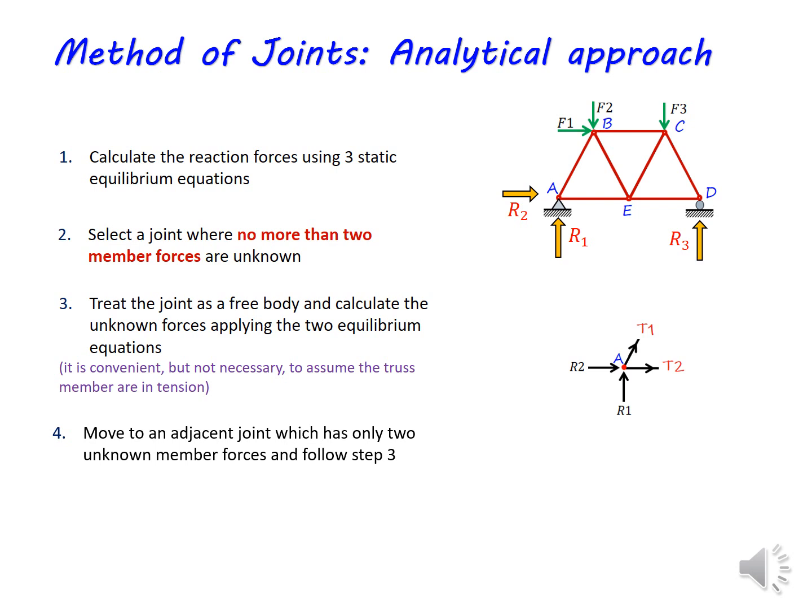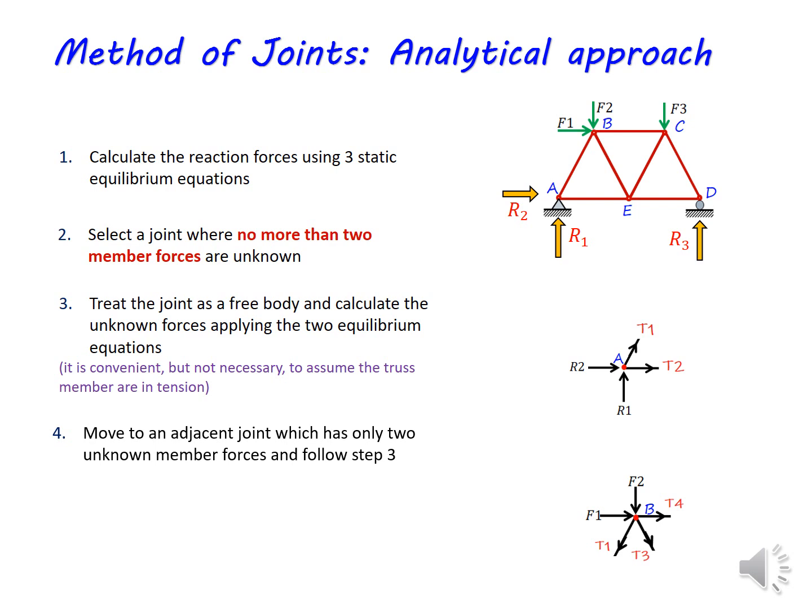So in this example, we can move to joint B because now the member force at member AB is known and the only unknown member forces are the forces acting on BE and BC.